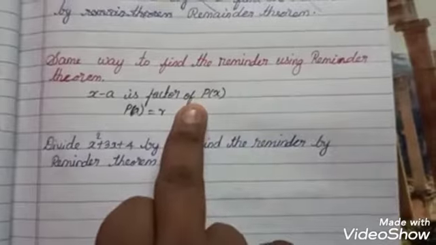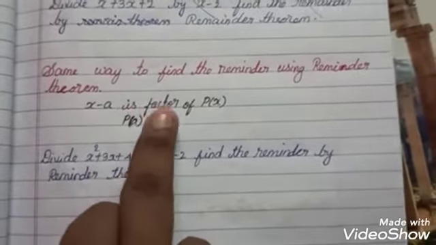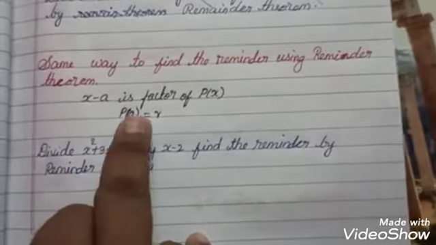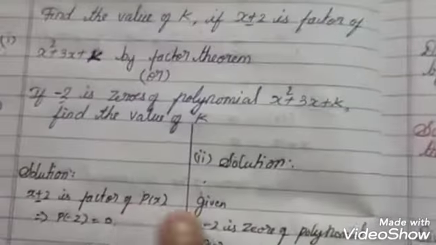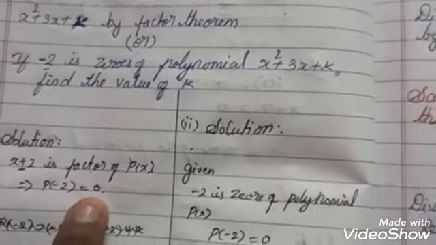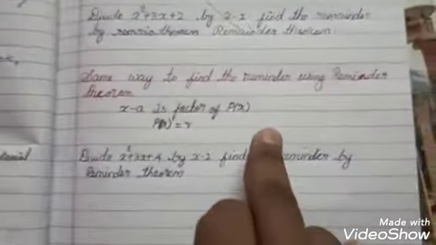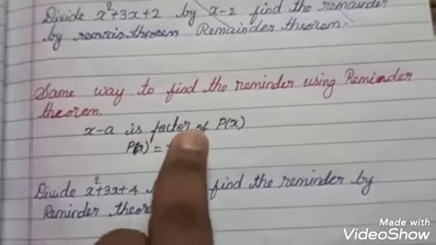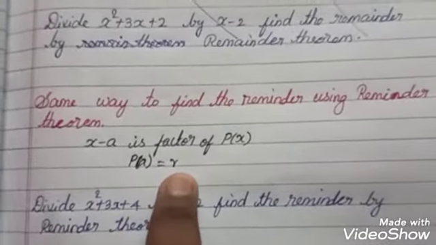Here the remainder theorem is also the same. If x minus a is a factor of p of x, p of a is equal to r, that should be the remainder. Factor means it is equal to 0. If it becomes 0, we say it is a factor. But for x minus a and p of x, p of a is equal to r.